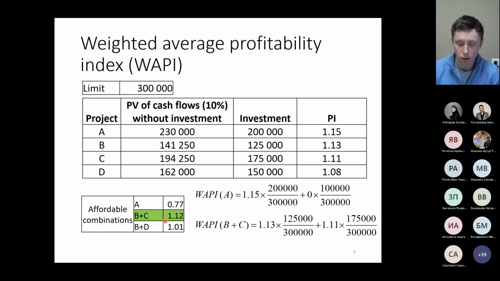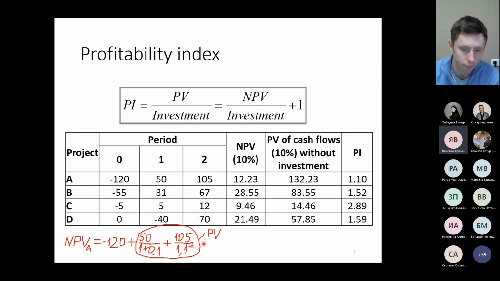Yes, thanks. Sorry, can I ask a question too? Yes, sure. It's about the previous slide. So the investment will be, for example, in D, it will be -40, right? So we should divide NPV by -40. No, -40 divided by 1.1 because we invest them 1 year later.